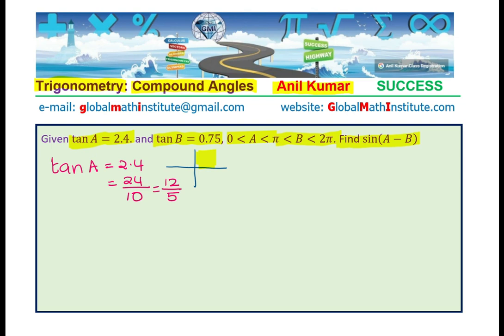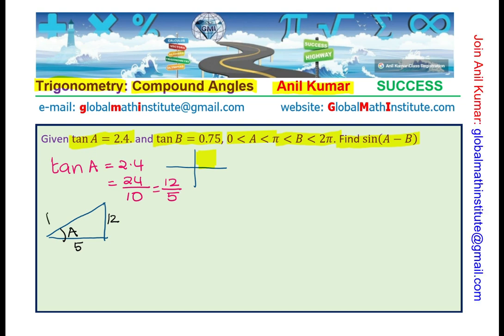It means we are looking into a triangle whose sides are 12 and 5 for an angle A. The third side will be the square root of 12 squared plus 5 squared, which is the square root of 144 plus 25, that is 169, so 13.